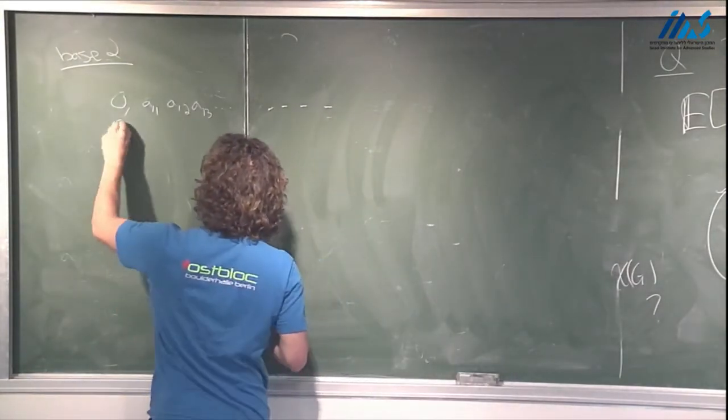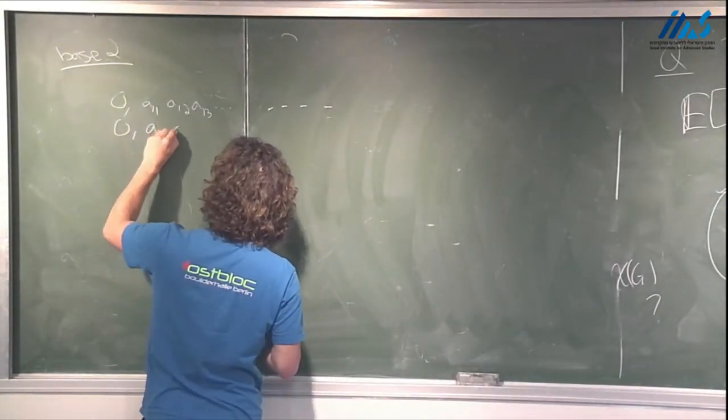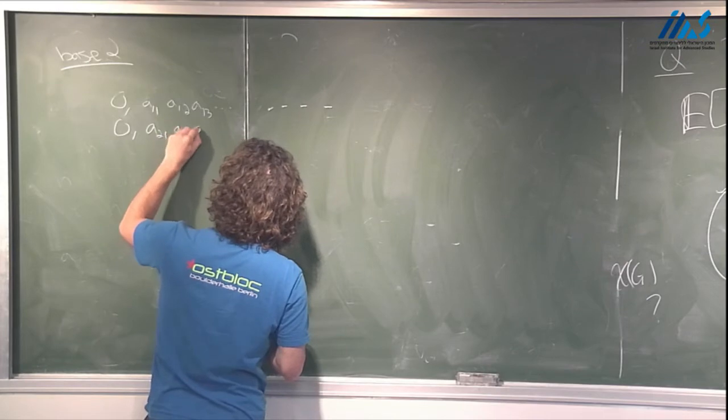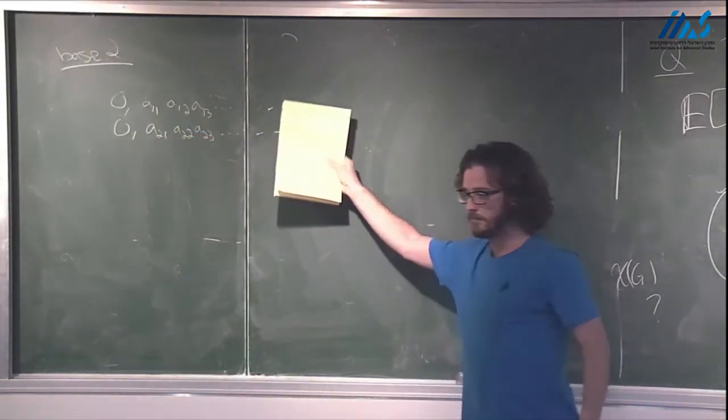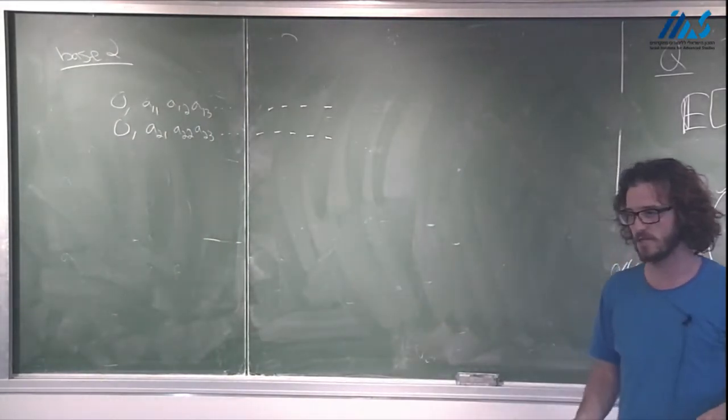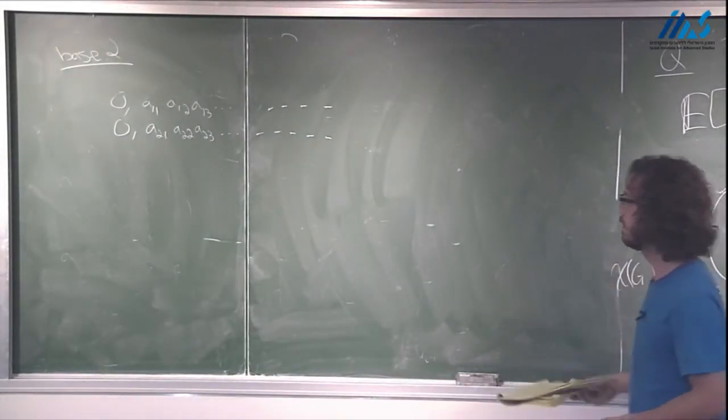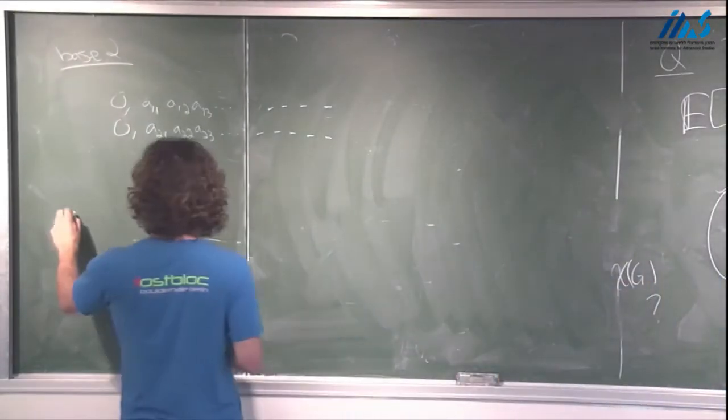Then I write the second one, a21, a22, a23, and so on. Once I'm done, I create a new number, tau, in this way.